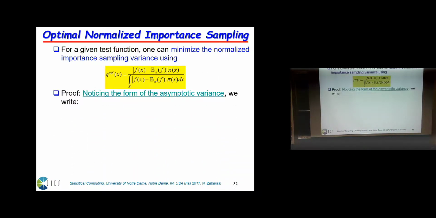Okay. Now, since we discussed the optimal proposal distribution for importance sampling, you may ask me now, what is the optimal Q when you use this normalized importance sampling? Well, this is the answer. Okay?